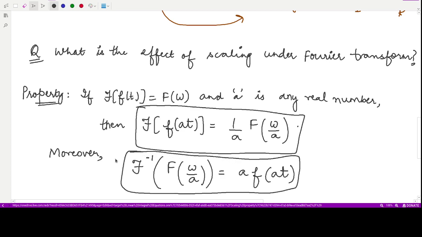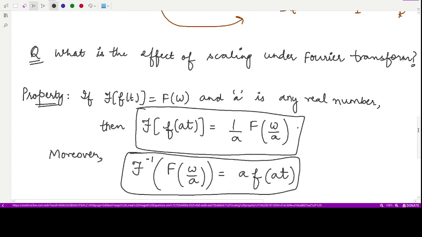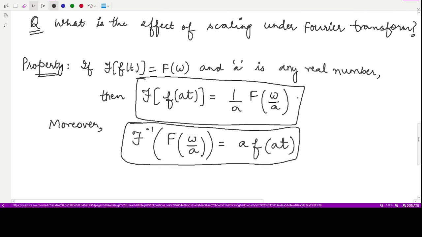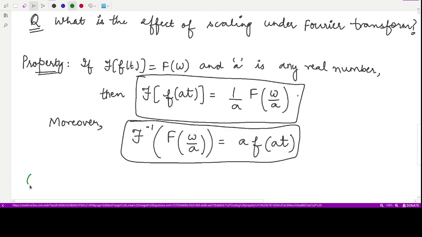So these are the two important properties that relate the Fourier transform and inverse Fourier transforms whenever the functions are being scaled. So now you might think, what is the use of this particular property?